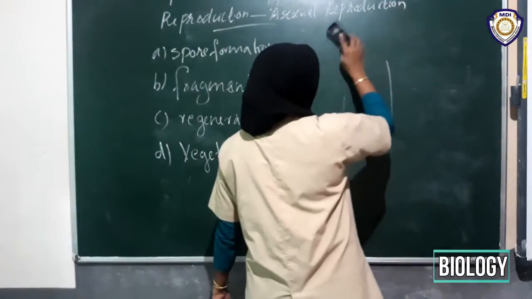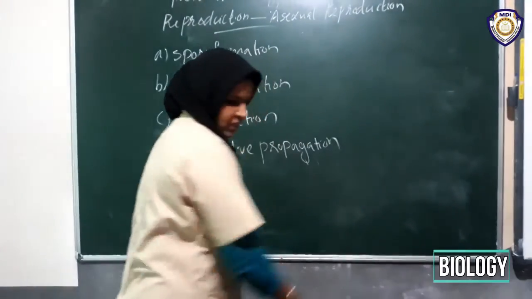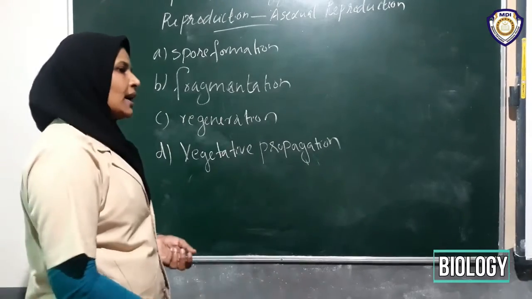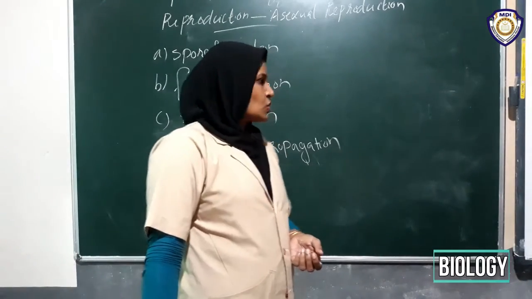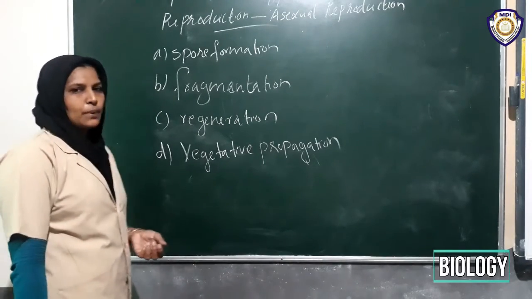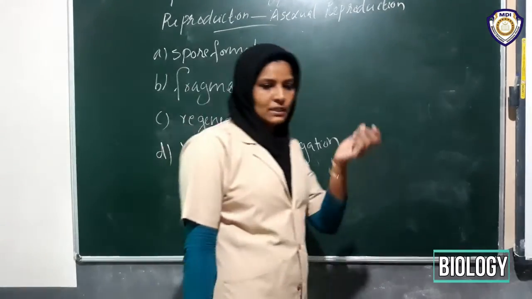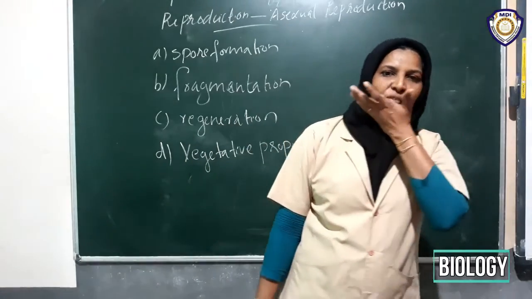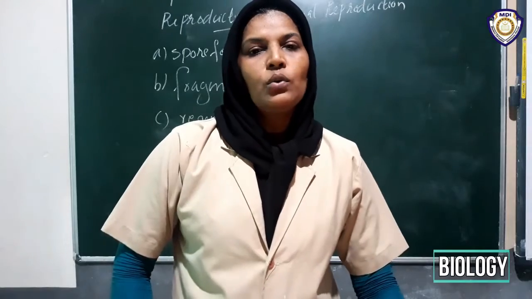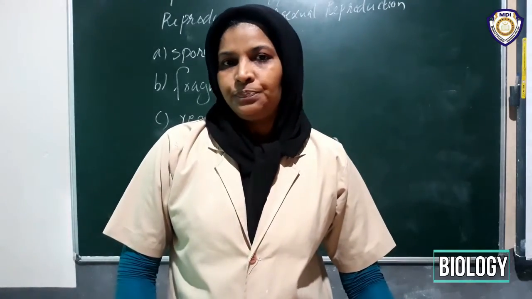We have studied many methods of reproduction, including sexual reproduction, by which an organism can multiply in number. We have followed many ways, and the last one is vegetative propagation. We know the vegetative parts of plants. Which are the vegetative parts of a plant? Stem, root, leaves, etc.